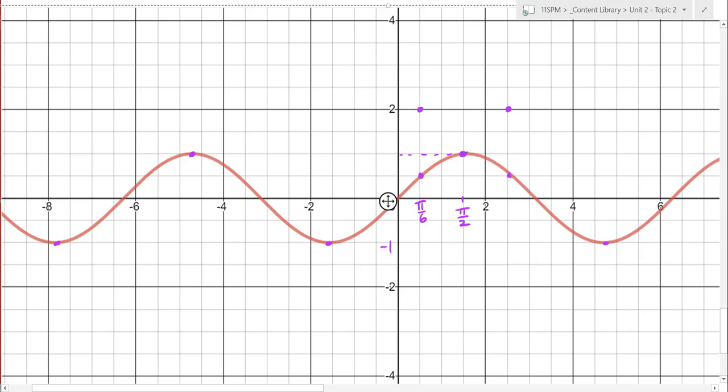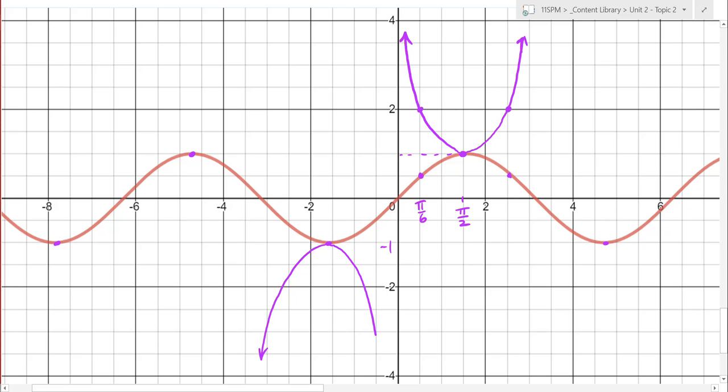So cosec goes like this, like a mini parabola. I've got this wrong. Let me get this right. There. Yeah, because 1 over a half is 2, and it goes like this.